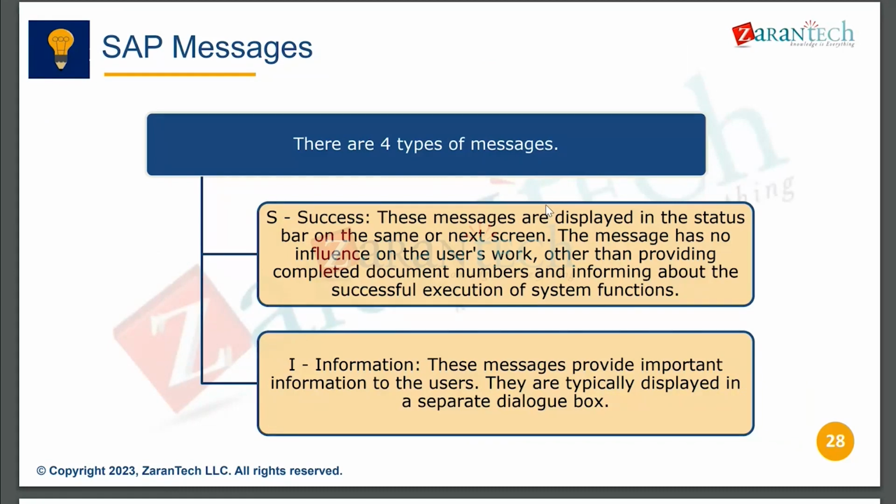So in SAP we have four types of messages. One is the success message. Whenever the transaction is posted successfully without any errors, you will get a message like so-and-so document is posted with so-and-so number. Sometimes you'll get an information message. An information message is not a warning and not an error message, it's just information.